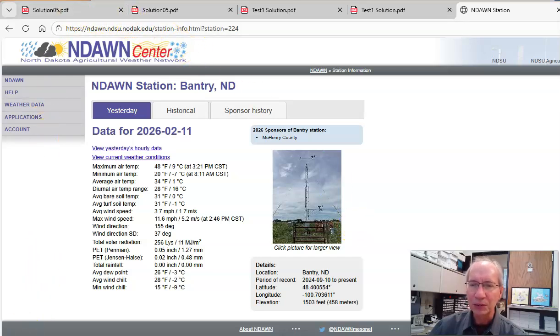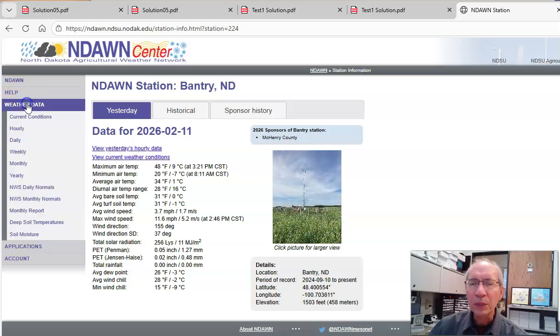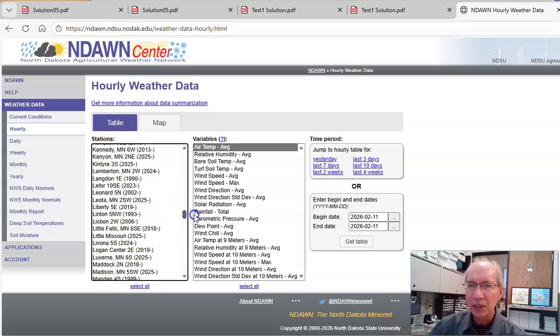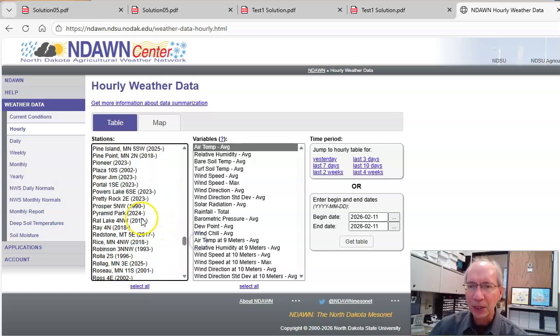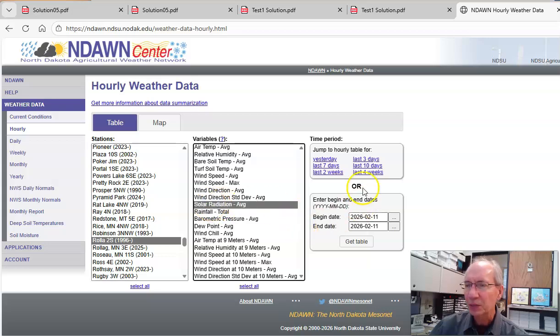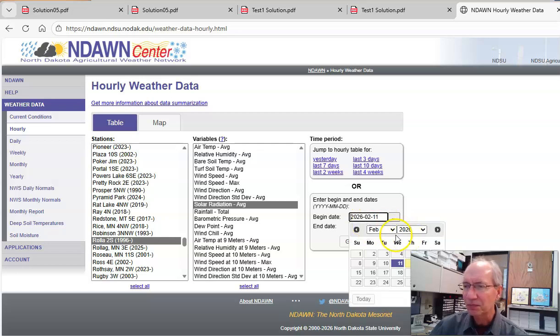So let's use it. If I go under weather data, hourly, these are all the various sites that you can choose from. Let's pick one, like how about Rolla, North Dakota. Here's all the data that you can get. We're currently doing solar energy, so let's look at the solar radiation average. And let's pick 4 weeks that are fairly typical.